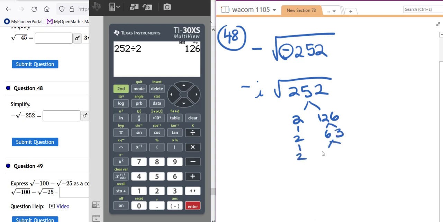And 63 will be 9 times 7. And 7 is prime. 9 is 3 times 3. So we can take a 3 outside with the I. So this is going to be negative 3I. 7 times 2 is going to give us 14 under the radical.